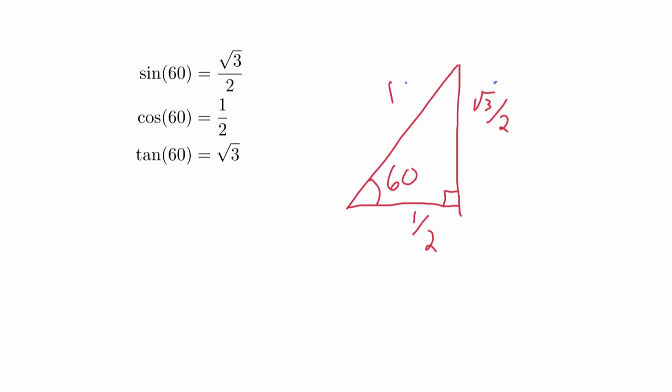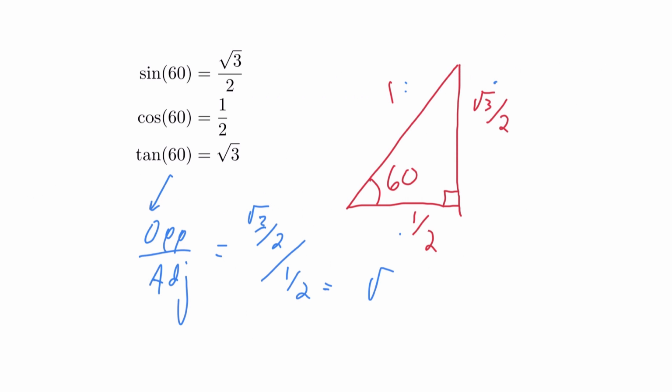Cosine is adjacent over hypotenuse, so 1/2 over 1. And then tangent is opposite over adjacent. So again, this one's a little bit more delicate, so I'll write it out. So just square root 3.